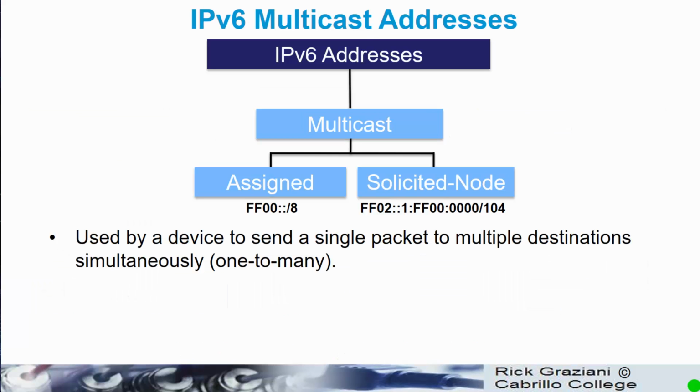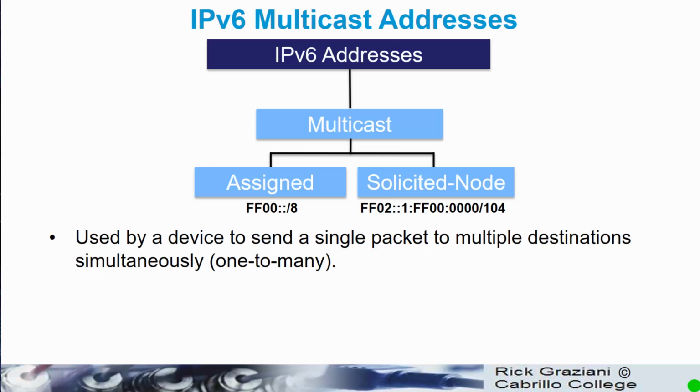So the big thing here is, what is a multicast address? It is used by a device to send a single packet to multiple destinations, one to many. If you're familiar with IPv4, same thing. Multicast in IPv4 is similar to multicast in IPv6.